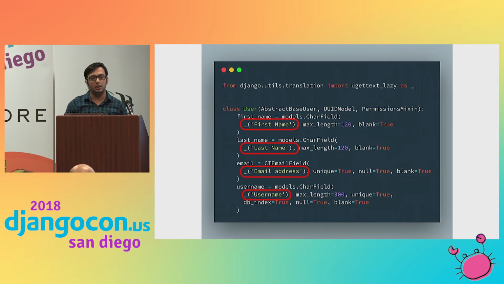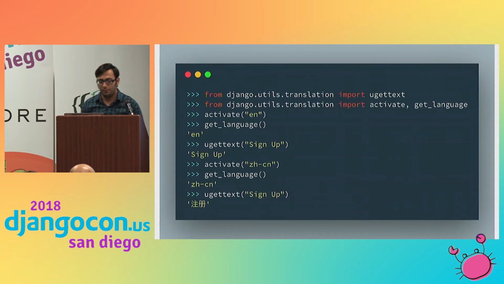So wherever they occur in your CMS or whatever, the translations would be picked up. Both ugettext and ugettext_lazy are just Python objects that are evaluated to string at different times. So the string representation depends on whichever language is being activated.